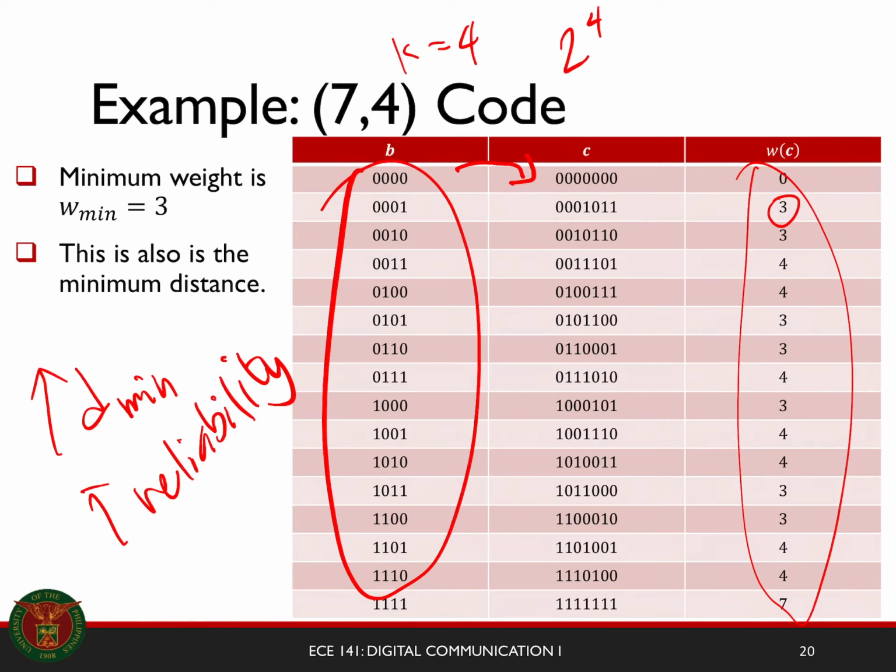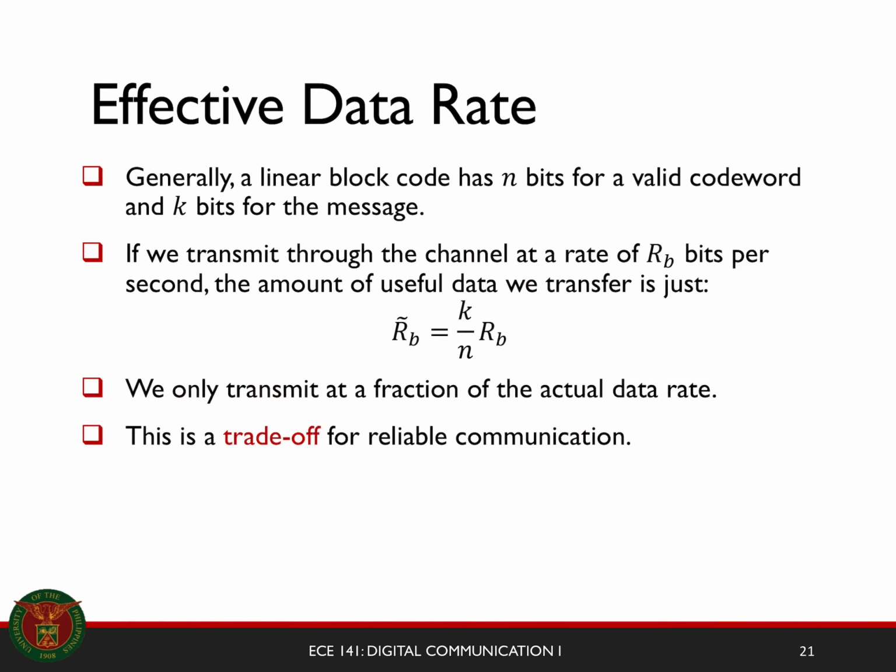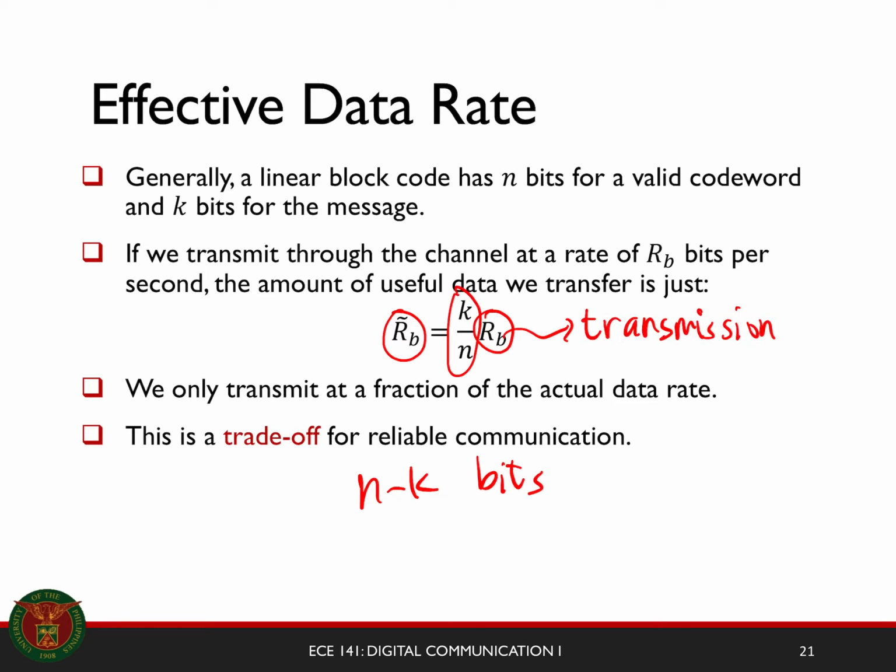And finally, to end this part of the lecture, what happens if you use block codes? Since we're using an extra n minus k bits for checking if there's an error in the communication, the effective data rate here is equal to k over n times RB, where RB is the transmission rate, or the amount of bits per second you actually transmit over your communication channel.